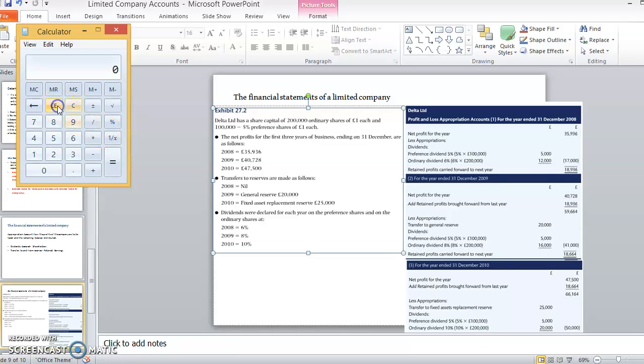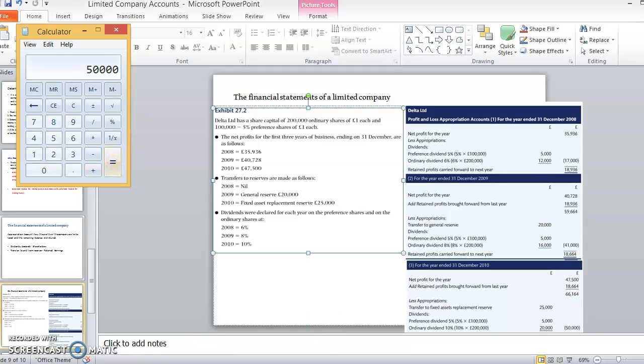So how has the profit been distributed? 25,000 goes to the asset replacement reserve, plus 5,000 for preference shareholders plus 20,000 for ordinary shareholders equals 50,000.